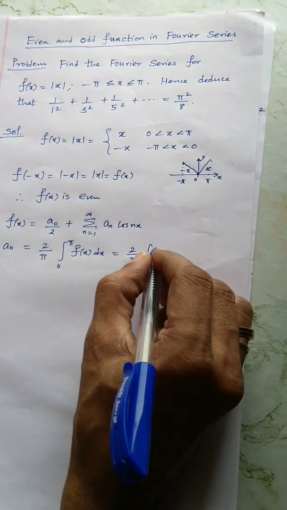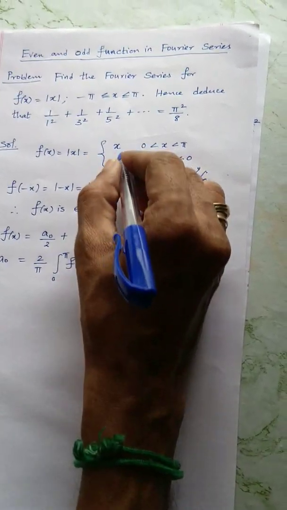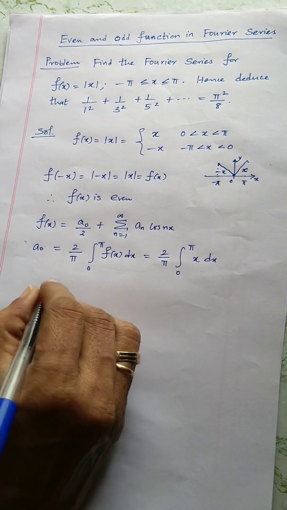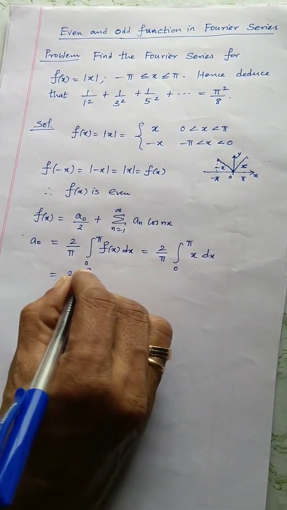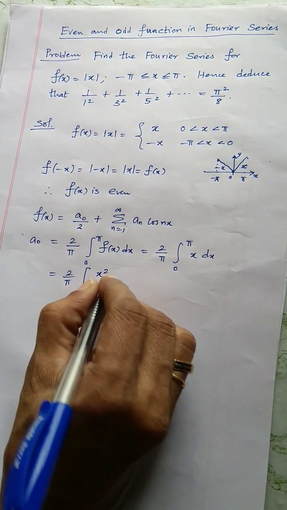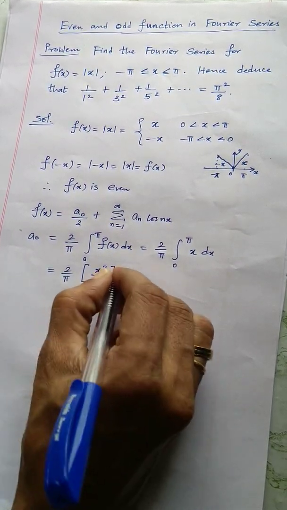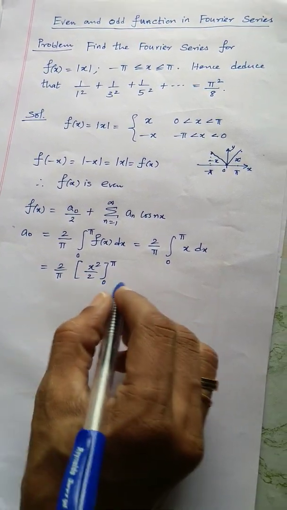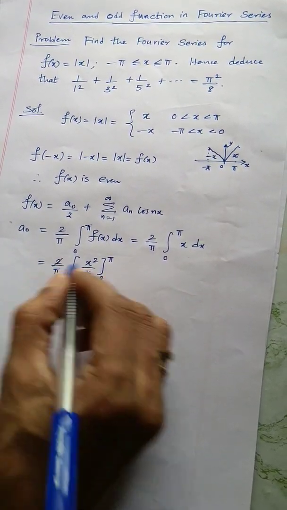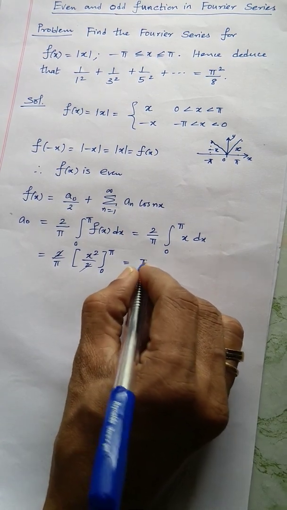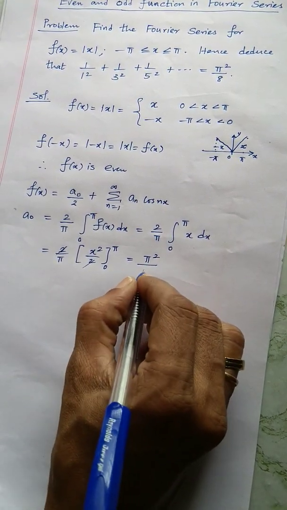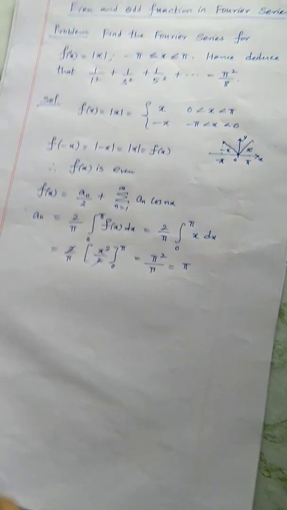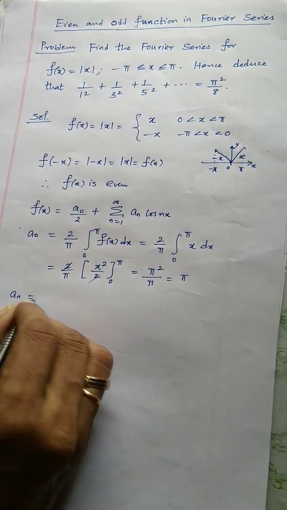So I take f of x as just x. Integrate x, 2 by pi, x square by 2. If I substitute the limits, you get only the upper limit; the lower limit 0 gets cancelled out. Substituting x equal to pi, pi square by pi, you get simply pi. So a0 is pi.